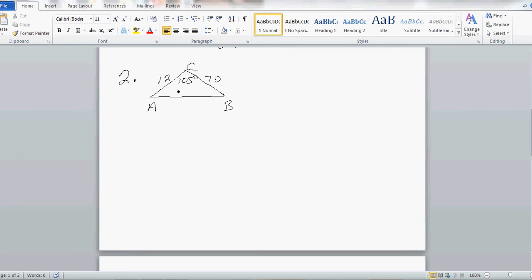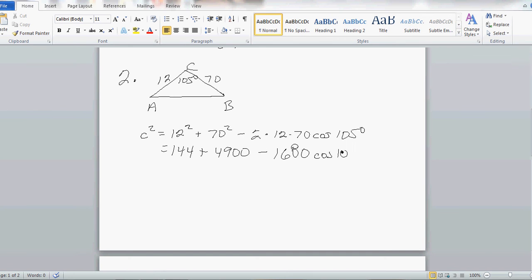So using the law of cosines, the side that's missing, squared, is equal to the two sides we know squared minus 2 times the two sides we know times the cosine of that included angle, which is 105 degrees. Or 144 plus 4900 minus 1680 cosine of 105 degrees.